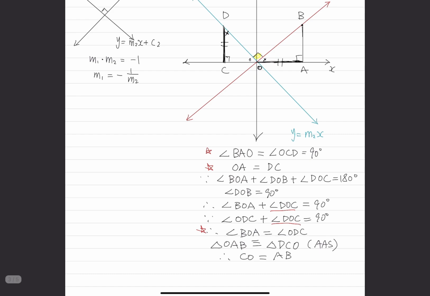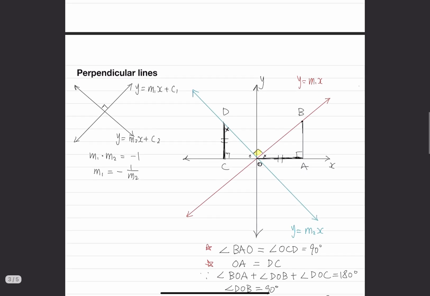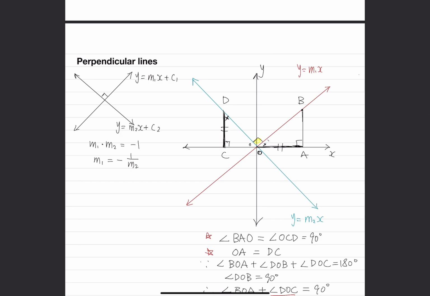Now let's try to represent the gradient of each line using the tangent of the angle. For m1, this is the angle formed by the straight line itself and the positive direction of the x-axis.